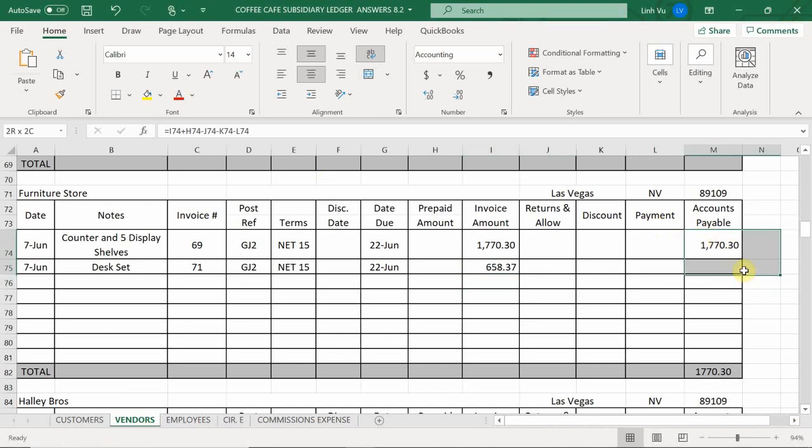So I owe the furniture store for invoice number 71, $658. Now it gives you a grand total at the bottom, saying that I owe the furniture store $2,428.67 in grand total.